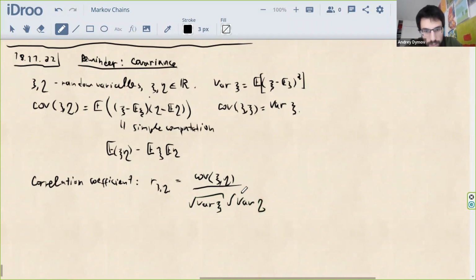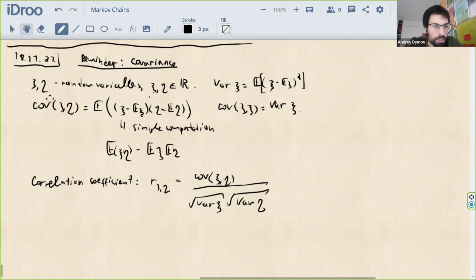In this way, the degree of the numerator equals the degree of the denominator, because in the numerator you have the second degree because of this product. Here each variance is also of the second degree, and then you take the square root.